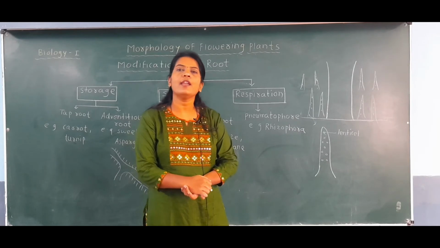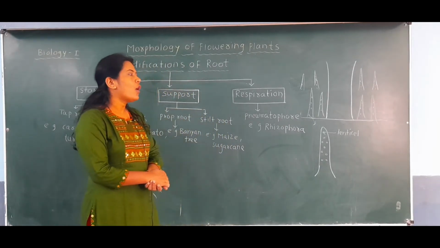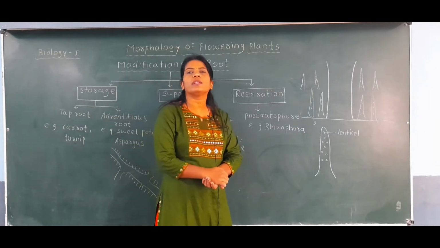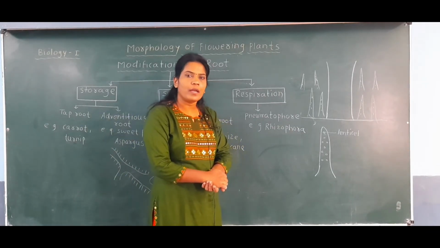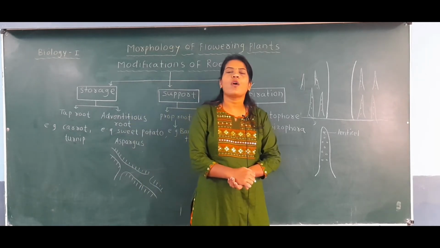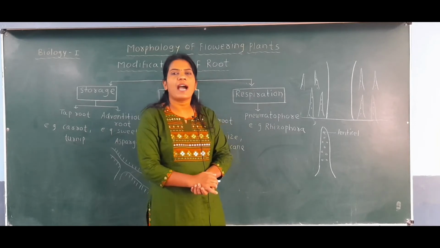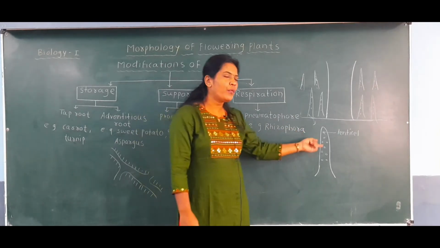They are called positively phototropic. So here we can observe that such a conical structure developed, that is called an additional root, only for getting oxygen for respiration, and that's why such roots are called pneumatophore roots.